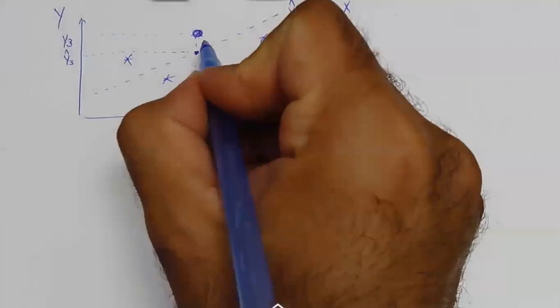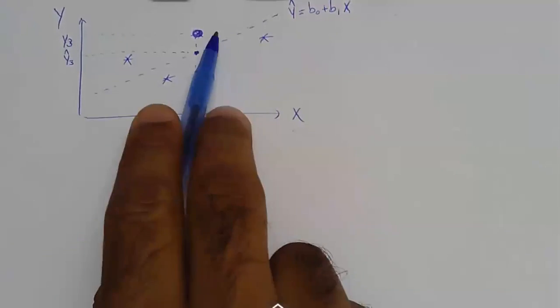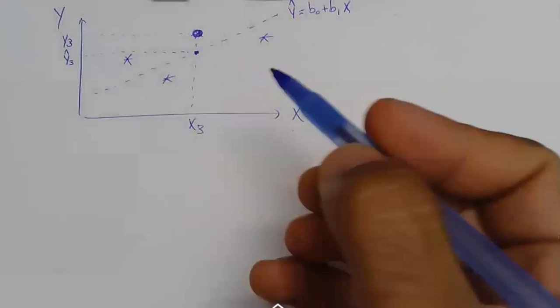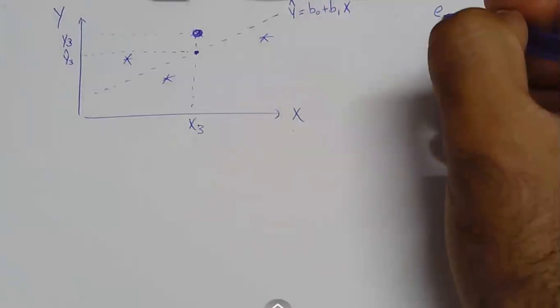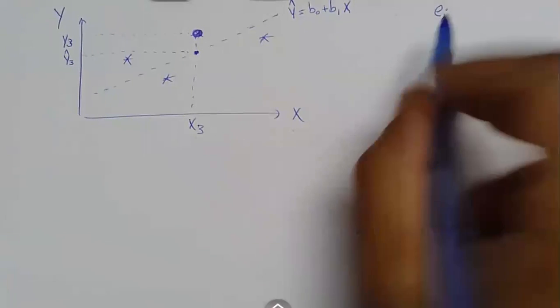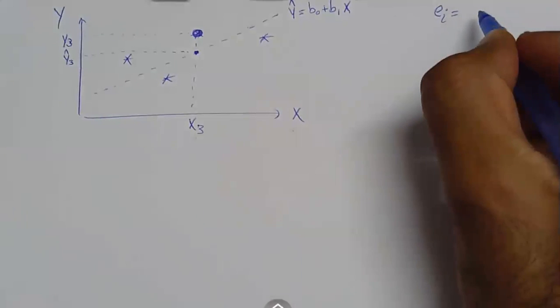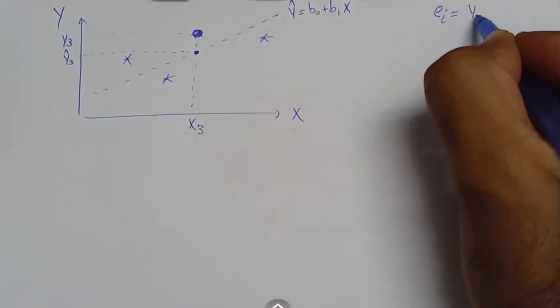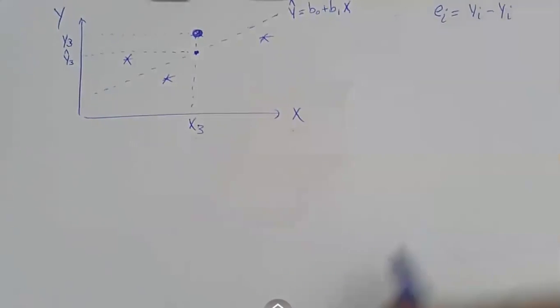So the difference between Y3 and y hat 3 is called residual, as we already know. I'm gonna use index i just to generalize it. ei is equal to yi minus y hat i.